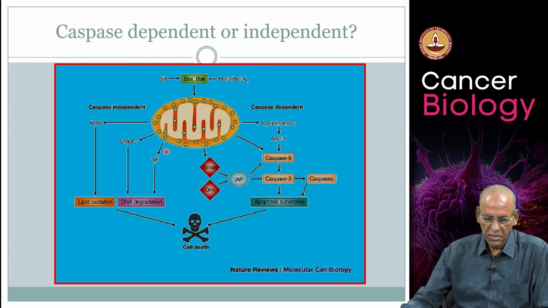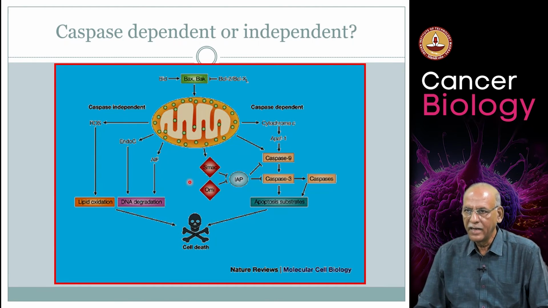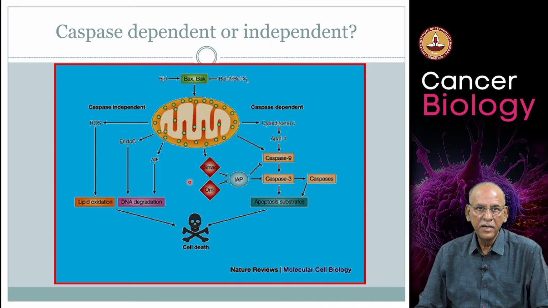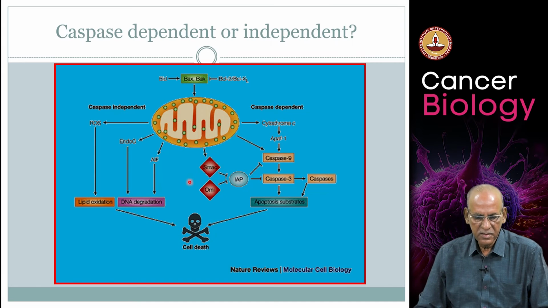This is also said to initiate apoptosis without the involvement of caspases. It initiates DNA degradation. So, basically at least 3 factors are known to act independent of caspases to initiate apoptosis: ROS, reactive oxygen species, endonuclease G, and apoptosis inducing factor.